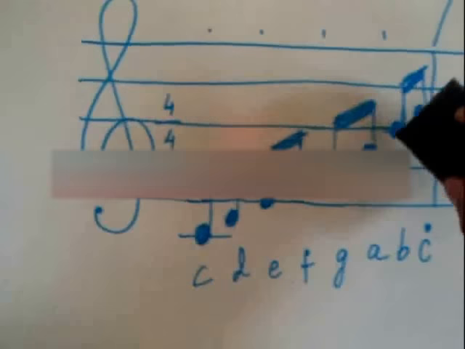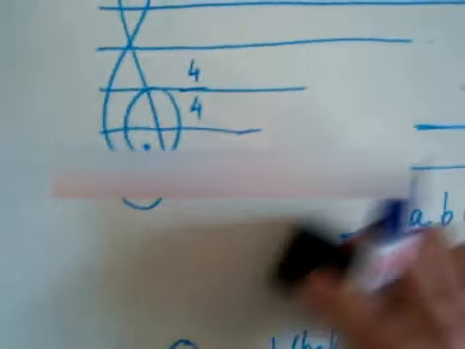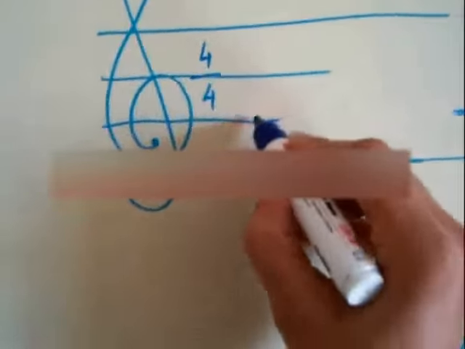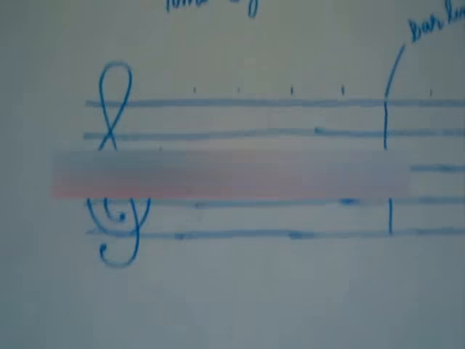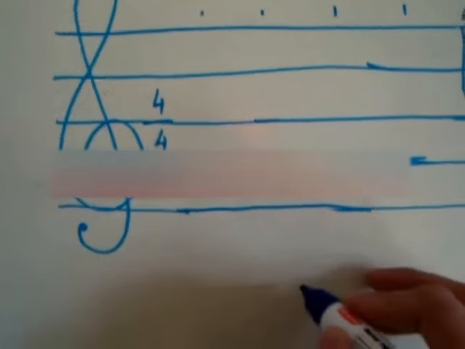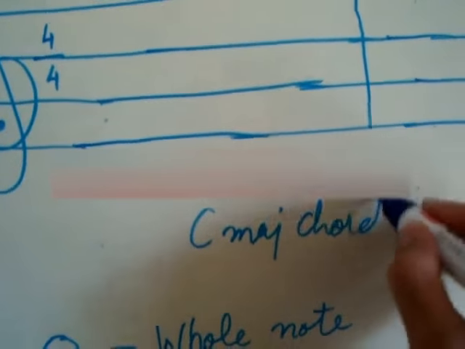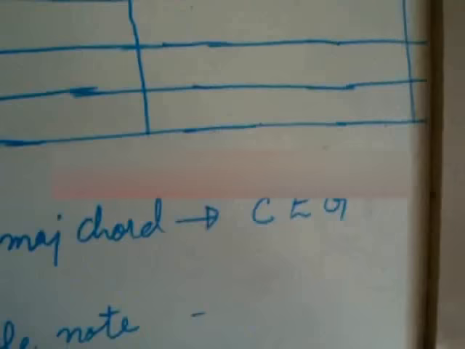Okay, now suppose you are going to play a chord. What will you do then? Now suppose you are going to play your C major chord, and your C major chord is actually C, E and G, correct?